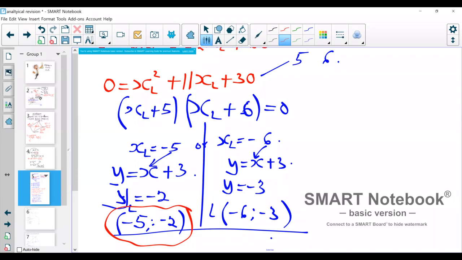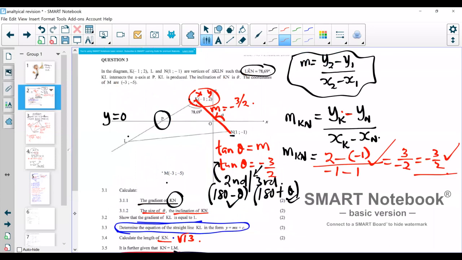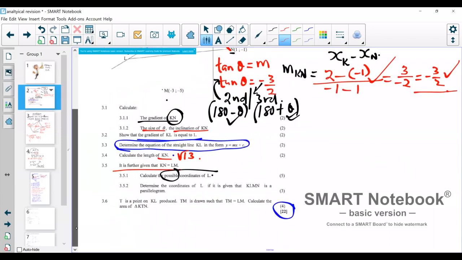Let's finish up this question. I might have to look at a bit of circle geometry right now after this. Determine the coordinate of, no, we've done that. T is a point on KL, okay? TM is drawn such that TM is equal to LM, all right?